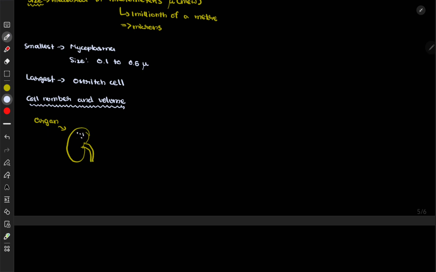Inside you have cells which perform the function of filtration inside the kidney.